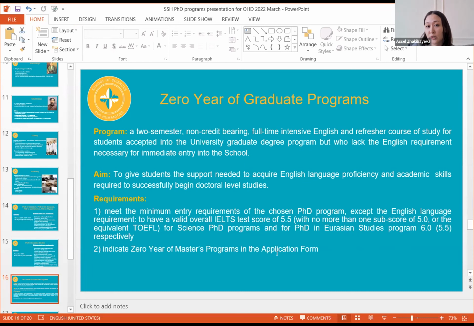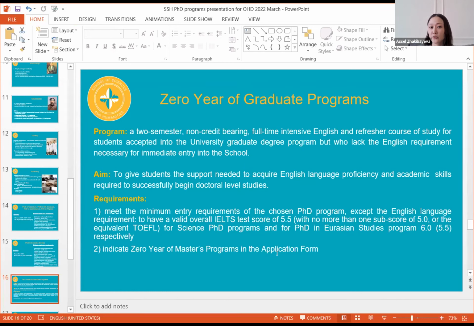That means this is only for the students who have their English IELTS results or TOEFL equivalent score of 5.5. So if you have it and you meet all other criteria, you can be recommended for this program, and you will be given the opportunity to learn an additional year on top of your 4 years.